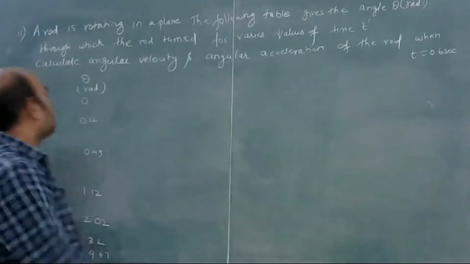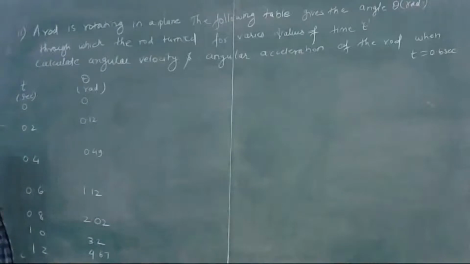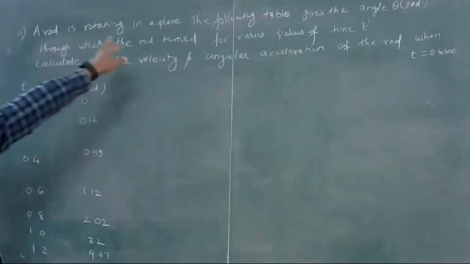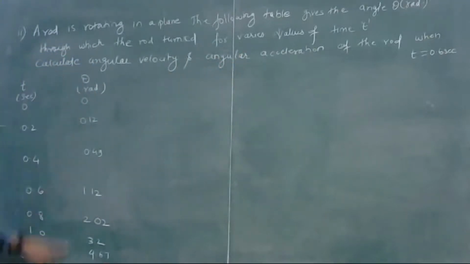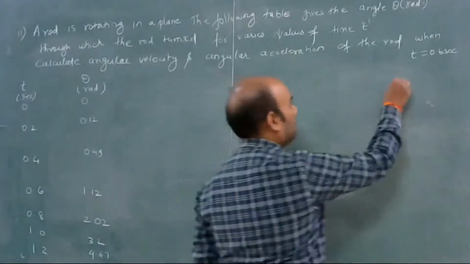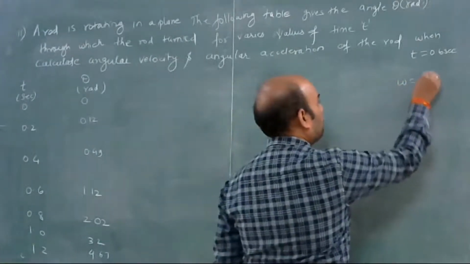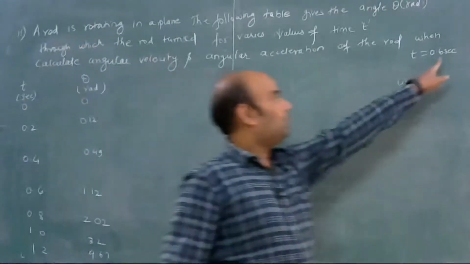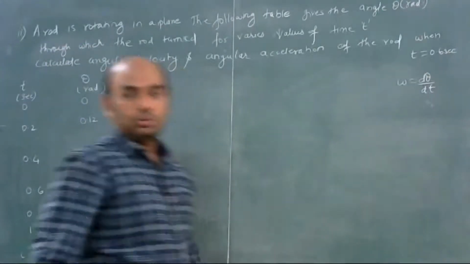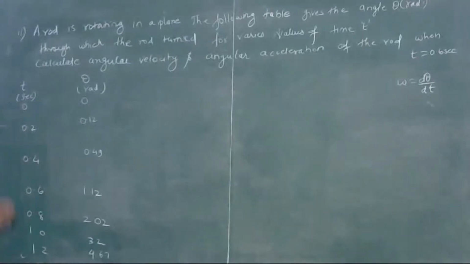So there is a rod rotating in a plane. So the following table is given for theta and time t. You have to find angular velocity. Omega is equal to d theta by dt at t is equal to 0.6. Okay. So looking to the table, 0.6 is lying exactly in middle of the table.